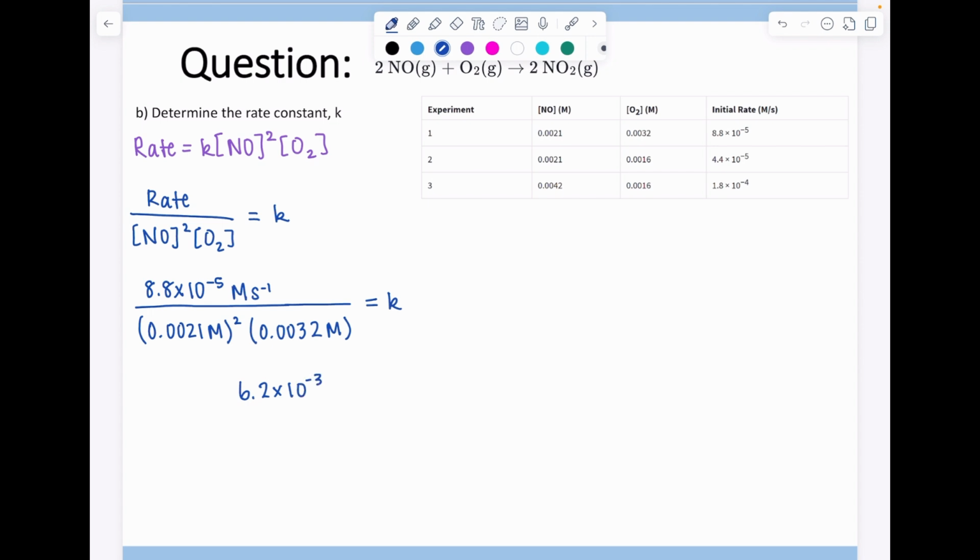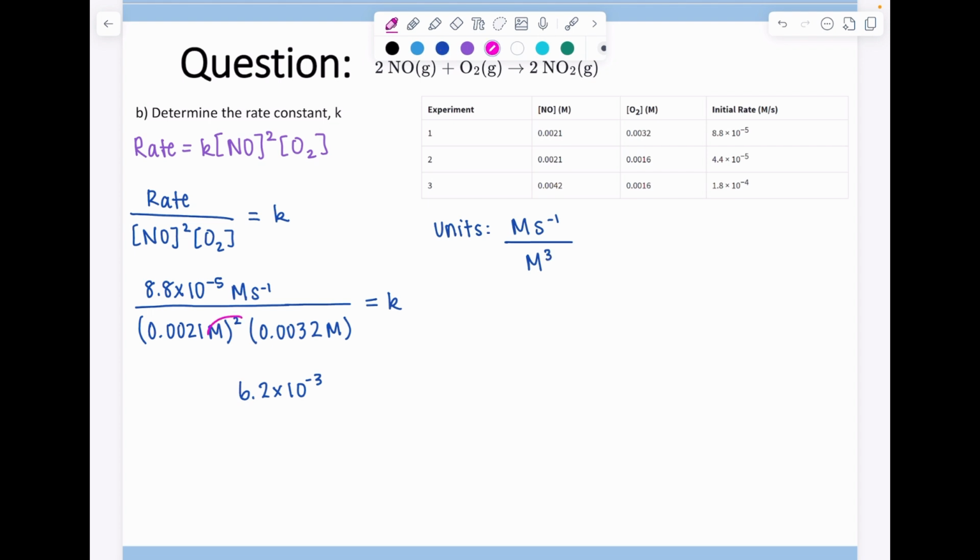And then let's figure out what these units are. I'm just going to do this over on the side. We have molarity times seconds to the negative first power in the numerator. And then in the denominator, we have molarity squared times molarity again, so that's molarity to the third power.